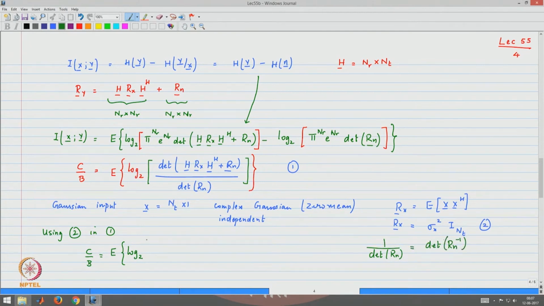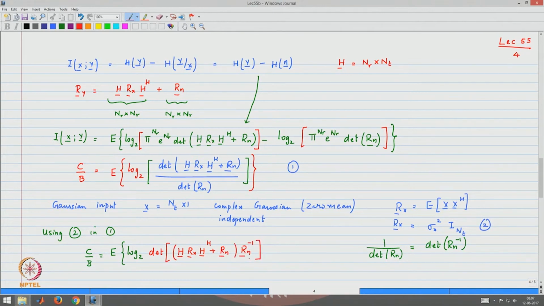If you write it in that form, we get logarithm base 2 of the determinant of the following expression: H times Rx times H Hermitian plus Rn, times Rn inverse.